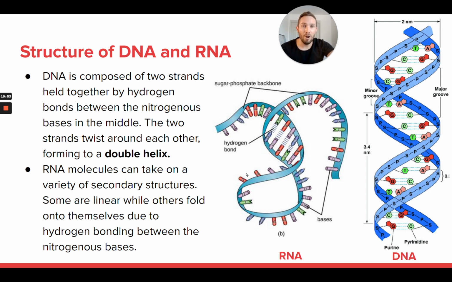Now RNA can take on a huge variety of different structures. Again, it's just one long strand of nucleotides, and sometimes that strand will hydrogen bond with itself and form some folding, kind of like a protein. It starts folding in on itself a little bit. Sometimes it's just very linear, and it depends on the RNA molecule, but they can take on a variety of different shapes and structures, whereas DNA is always going to be this double helix.